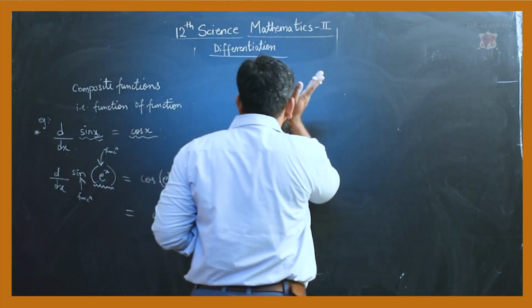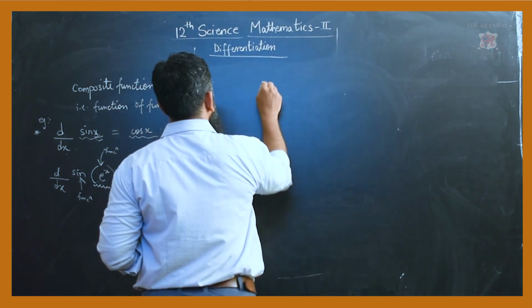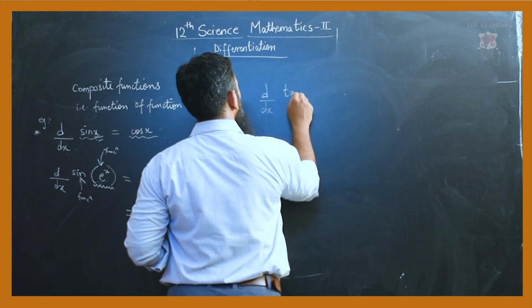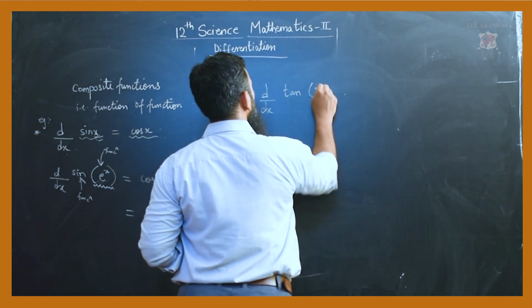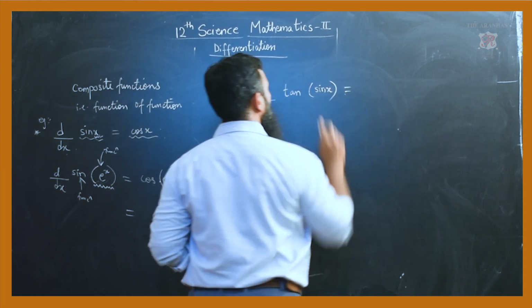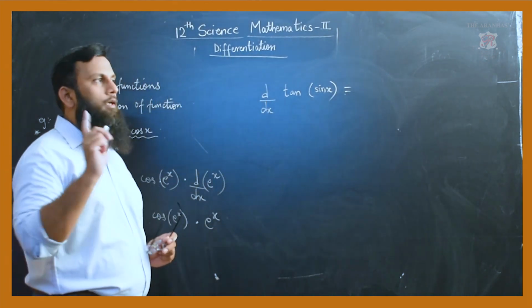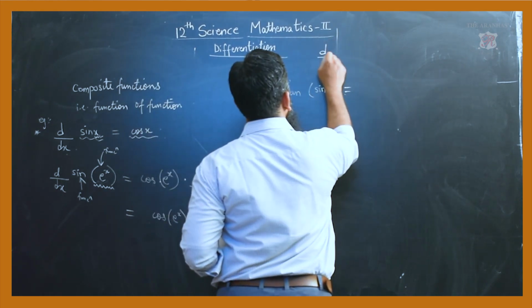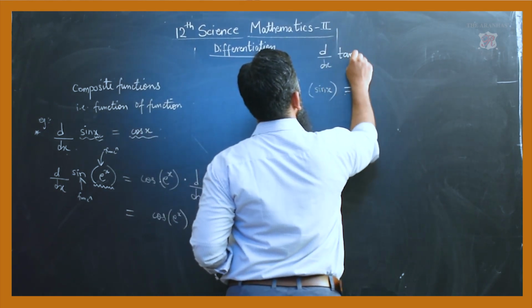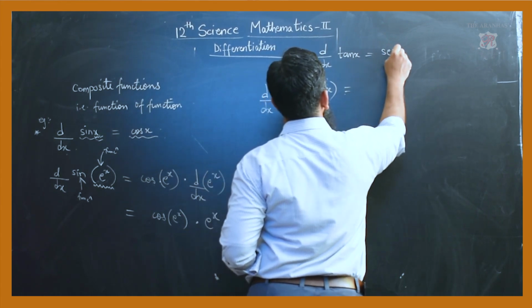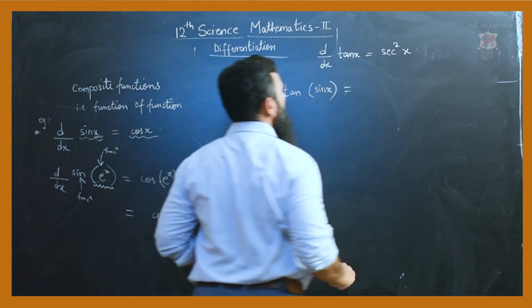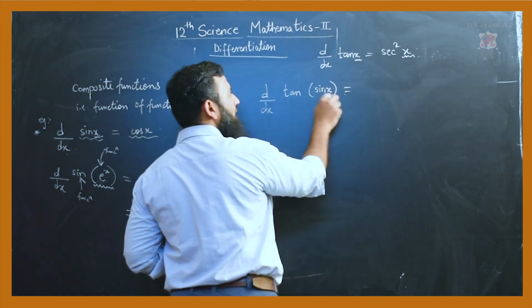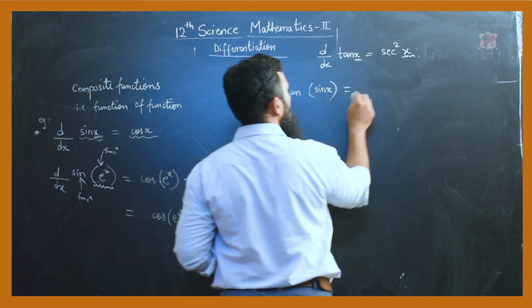We can also take two trigonometric functions, d by dx tan of sin x. So we are aware that derivative of tan x is sec square x. So instead of x, whatever is the function here, you have to write that in composite.